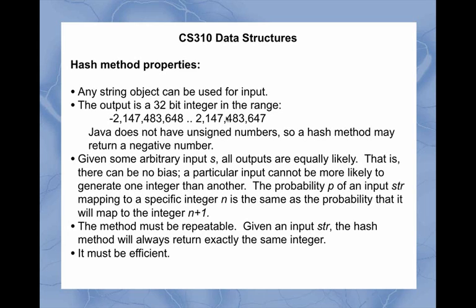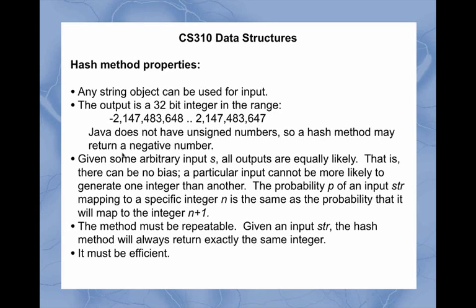Java does not support unsigned numbers, so a hash method may actually return a negative number. It's important to be aware of this because if we're going to use this return value as an index to an array, we can't have a negative one. But half of the numbers we get back are going to be negative, so we will need to deal with this problem. So any 32-bit integer can be returned.